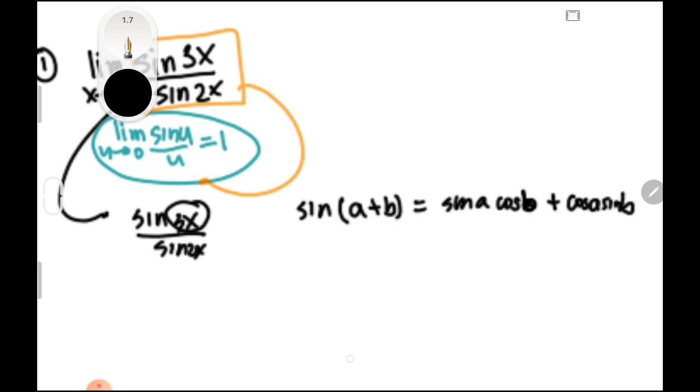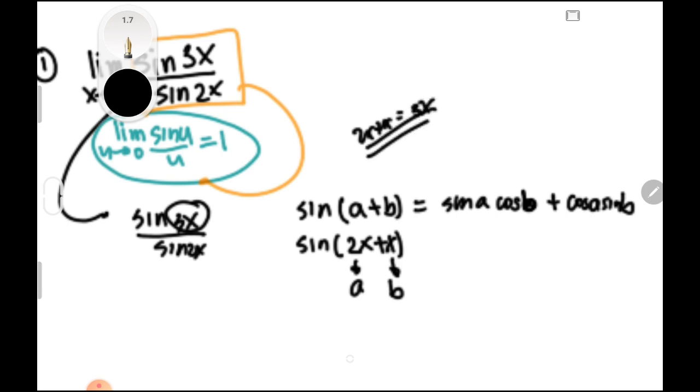So therefore, how will I do this? First, take note that 3x can be rewritten as 2x plus x. So my A will be 2x and my B will be x, because 2x plus x is equal to 3x, right?